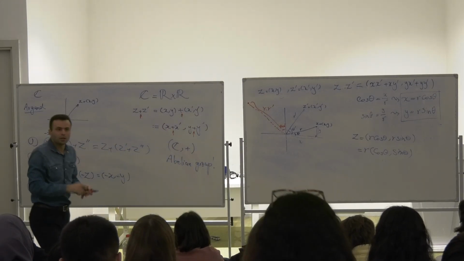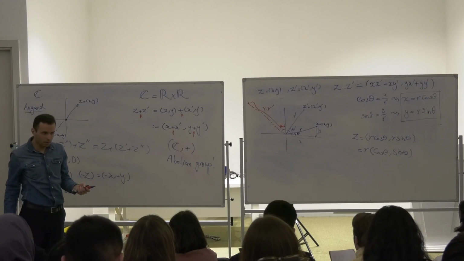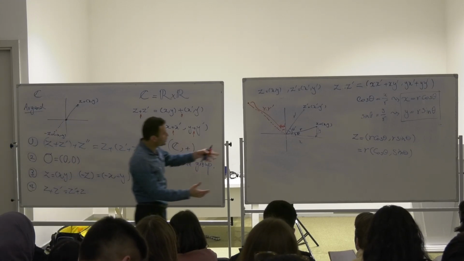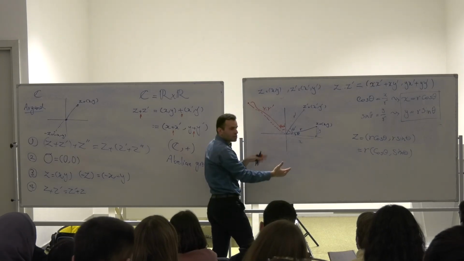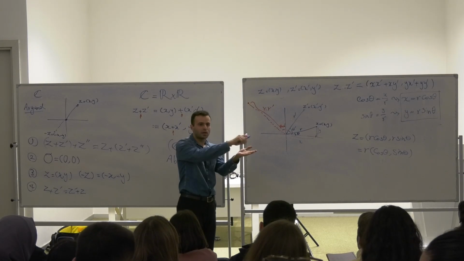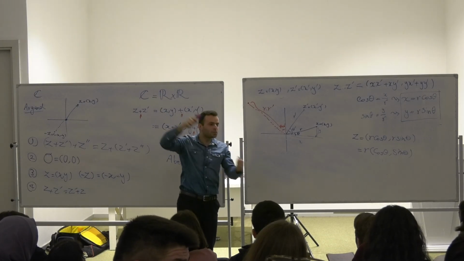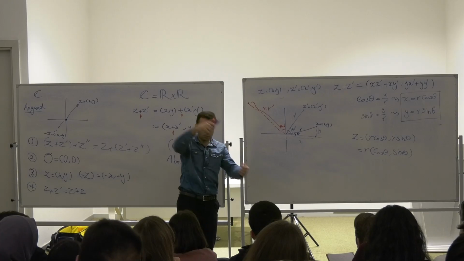This way we are defining multiplication of complex numbers. What is happening is some kind of rotating numbers. Rotating and scaling. We rotate by the sum of their angles, and we scale by the multiplication of their lengths.